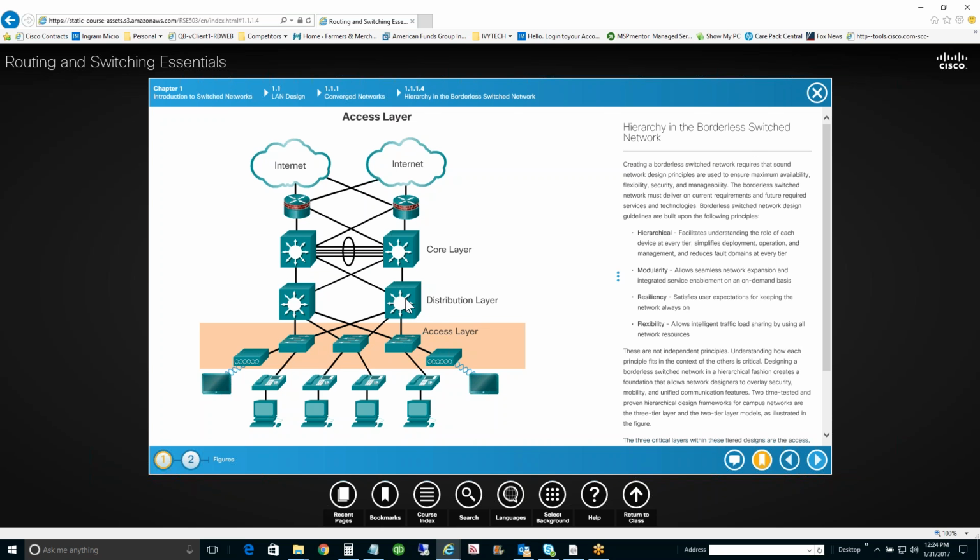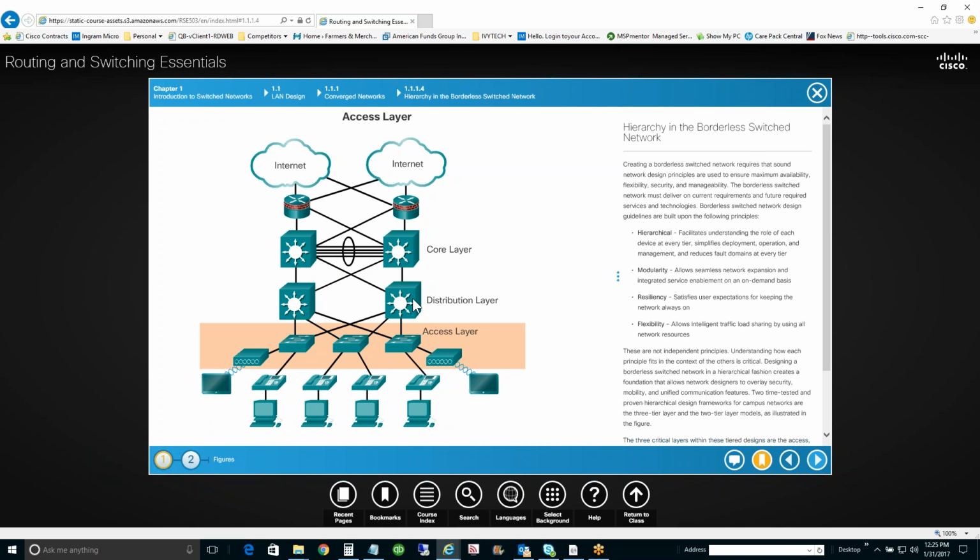And then you have a distribution layer, and the distribution layer is where the network aggregates the access layer switches, and this is where policies get applied and kind of directs where else traffic can go inside the network. In specifics, what the distribution layer does is aggregate large-scale wiring closet networks.